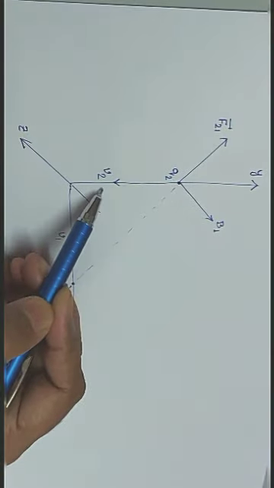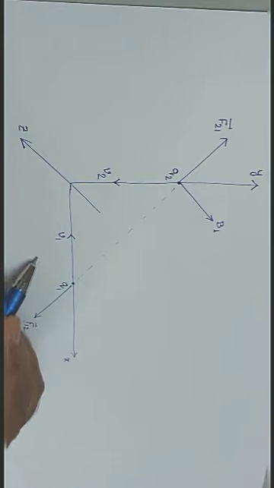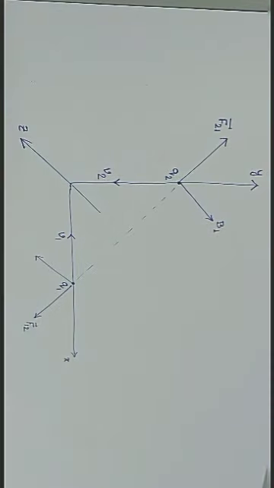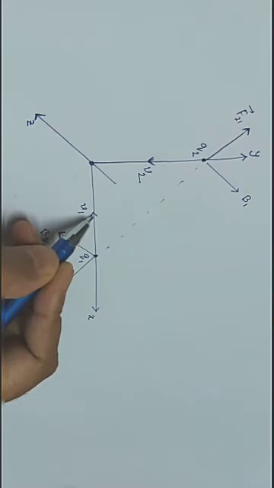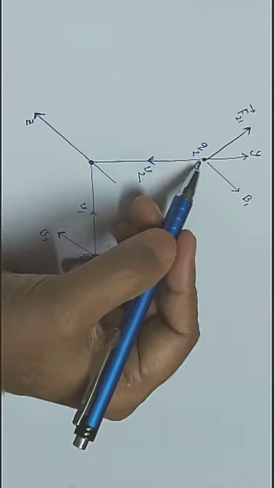Charge Q2 is moving towards the origin, and the magnetic field at the point Q1 due to its motion would be circled in a direction which is coming out of the page. This is the direction of the velocity, and this is the direction of the magnetic field caused by the motion of the charge Q2.